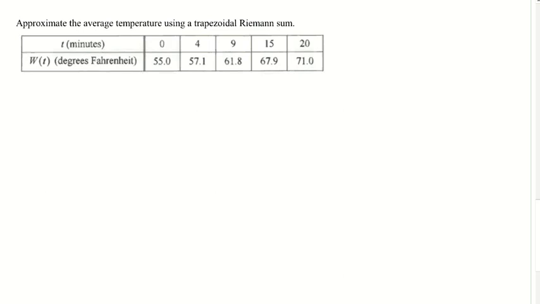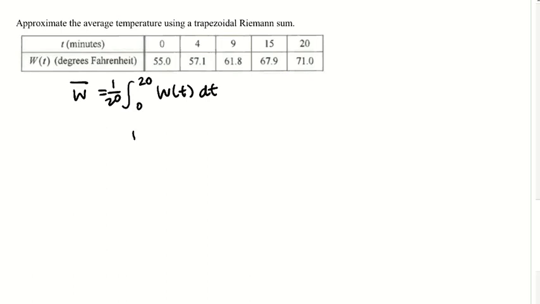The last thing I've got is approximating an average value using a Riemann sum. Okay, so the average temperature is going to be the average value of W. W bar equals the integral from 0 to 20 of w of t dt, and then I'm going to divide by 20 minus 0, so that's 1 over 20 of that. Okay, so what I'm going to do is I'm just going to work on the integral. I'm going to find a trapezoidal Riemann sum.